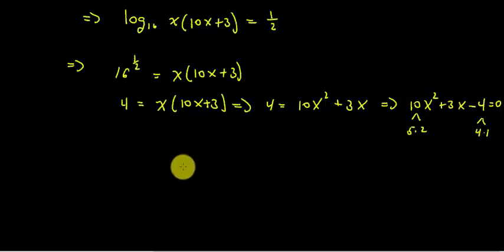So yeah, so what I'll do is I will write this now as, let's see, it'd be 5x and 2x. And so here I've got a negative, so I'm going to let the 4 be positive and the 1 be negative.